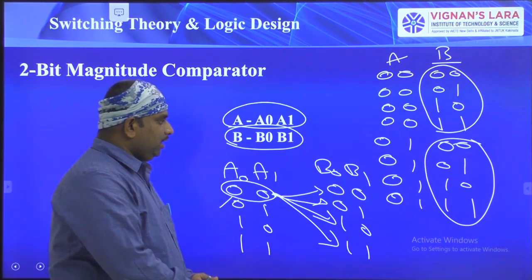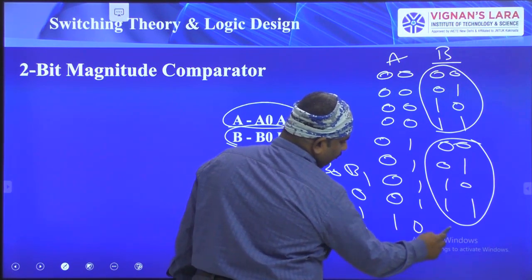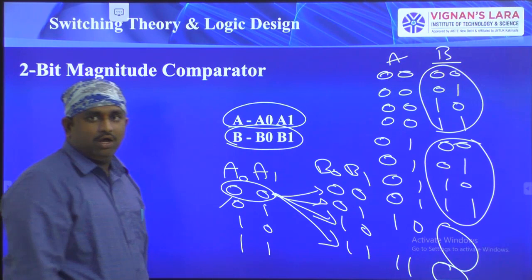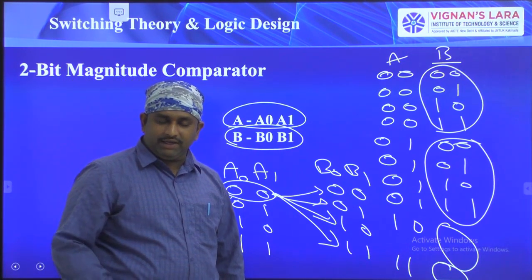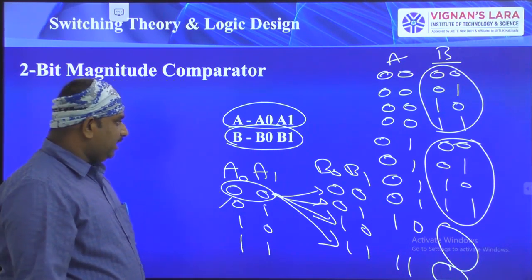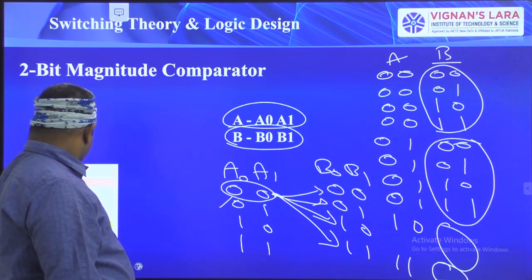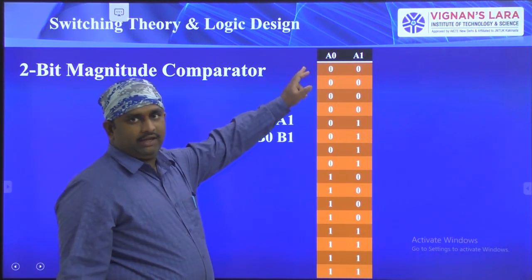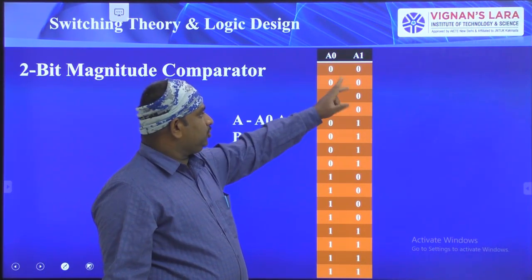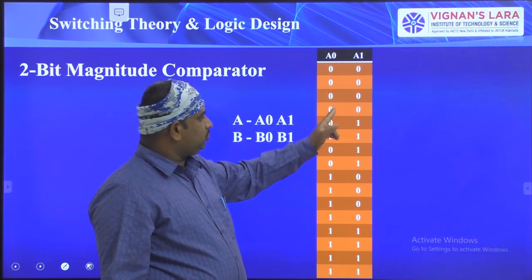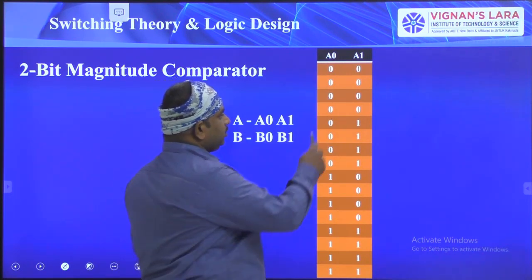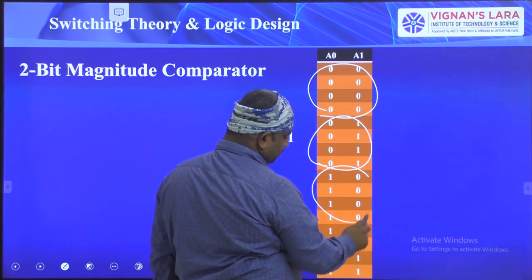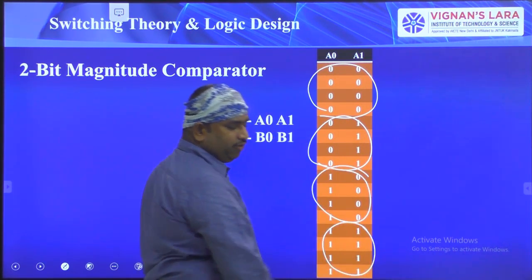Next coming to 10 with 4 combinations. Next 11 again with 4 combinations. All the combinations we are verifying here for A and B. Now I have drawn it. See here, first I have taken A is equal to A0 A1: 4 combinations of 00, 4 combinations of 01, 4 combinations of 10, and 4 combinations of 11.